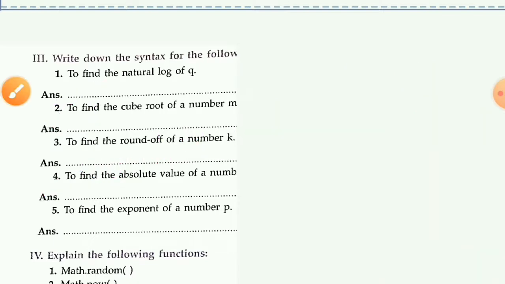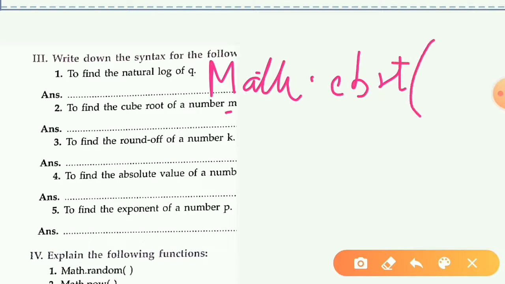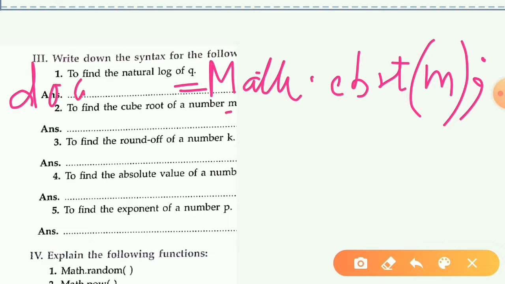Now see the second one. To find out the cube root of a number m, you are having a number m and you have to find out the cube root. So you will be writing the formula math dot cbrt, and in bracket write down m. Afterwards you will be writing what? A semicolon, and the value is going to be stored in a double variable, double v2 you can write down. Okay, so this is the answer for your second one.